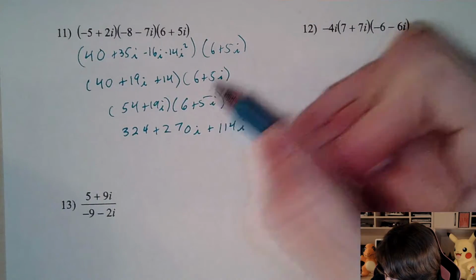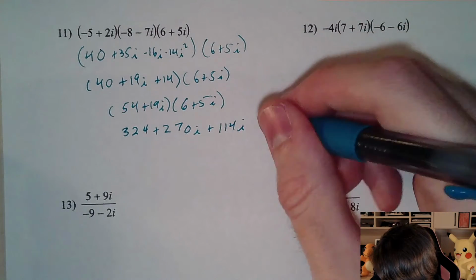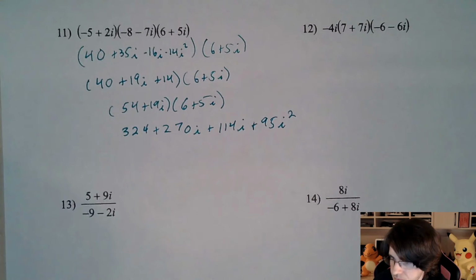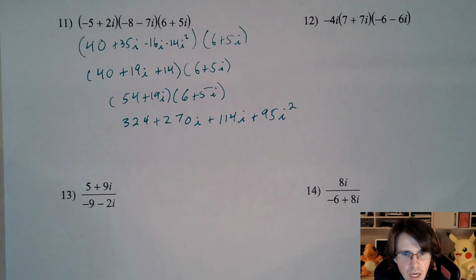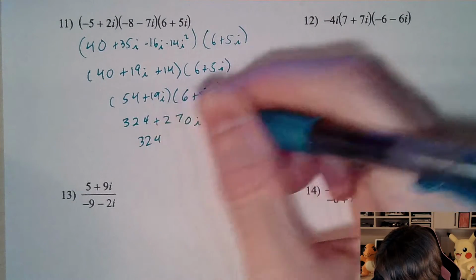And 19 times 5, that's going to give us that 95i squared. Okay, and now we just need to go ahead and add our like terms and apply our i squared rule.